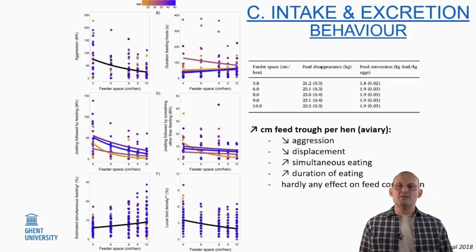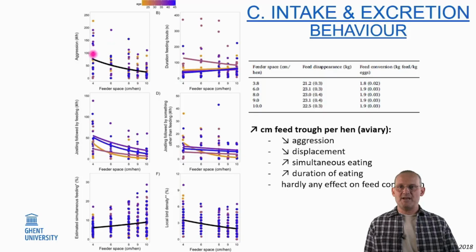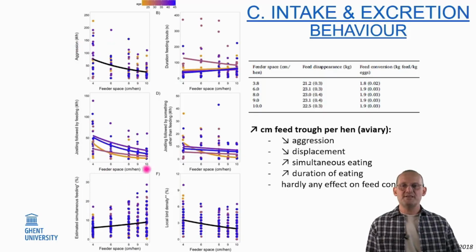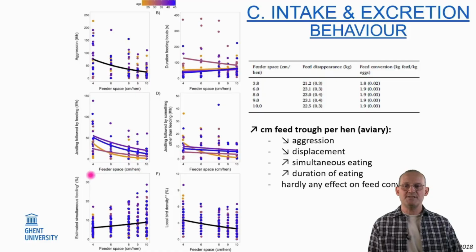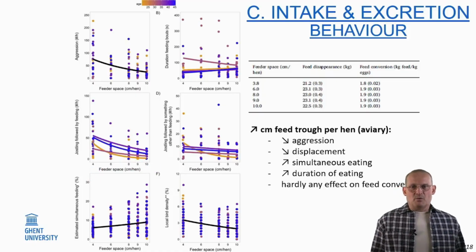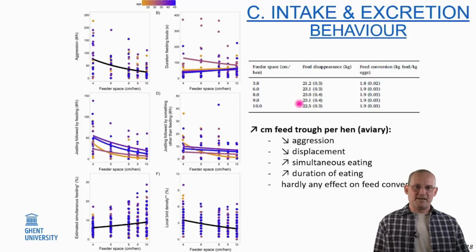They looked at various behaviors when the feeder space, the centimeters of feeder per hen, was increased from 4 to 10. What they saw is that increasing feeder space had hardly any effect on feed intake or the feed conversion ratio.